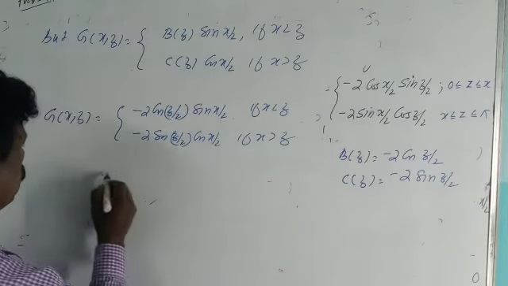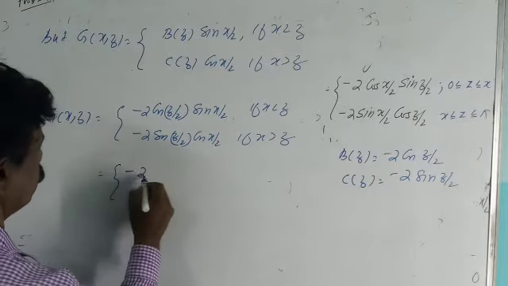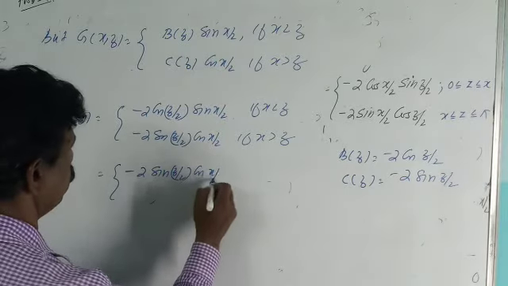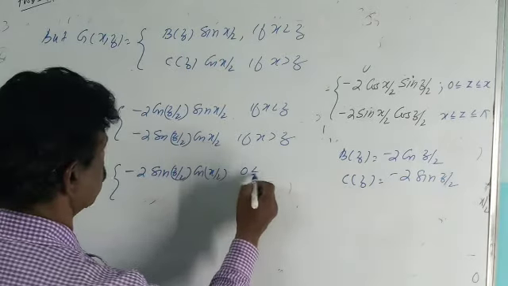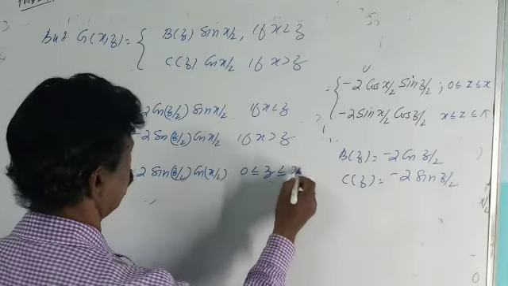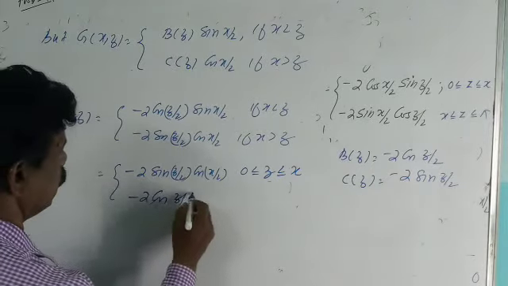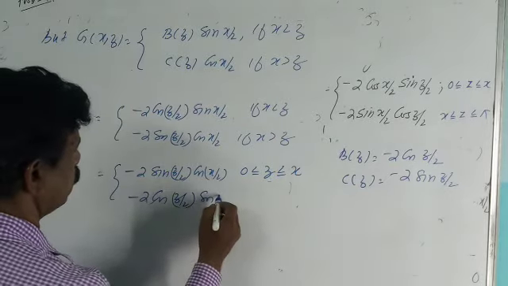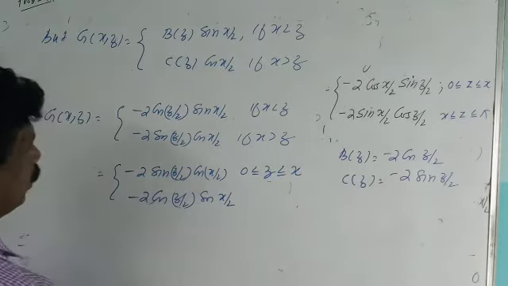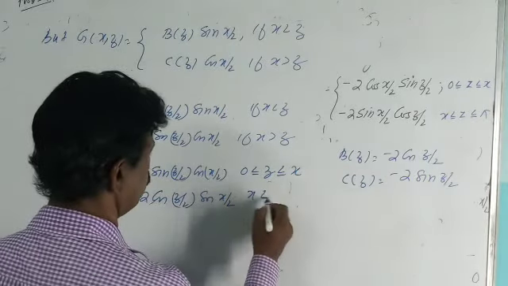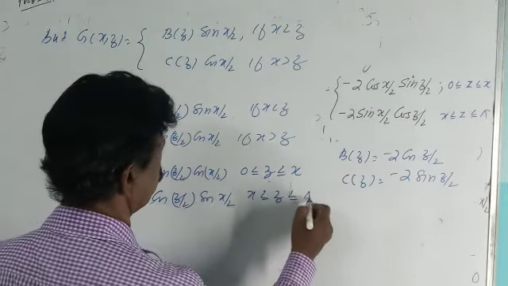So we can write this is equal to minus 2 sine z by 2 cos x by 2 if 0 less than or equal to z less than or equal to x. Okay, and again minus 2 cos z by 2 sine x by 2 if x less than or equal to z less than or equal to pi.